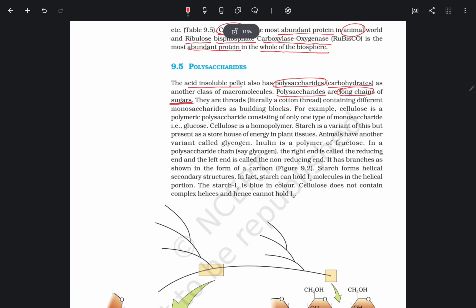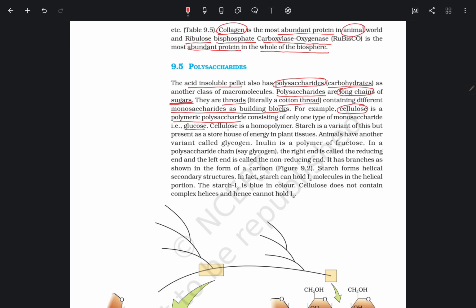They are like threads, like a cotton thread, containing different monosaccharides as building blocks. For example, cellulose is a polymeric polysaccharide consisting of one type of monosaccharide, glucose.